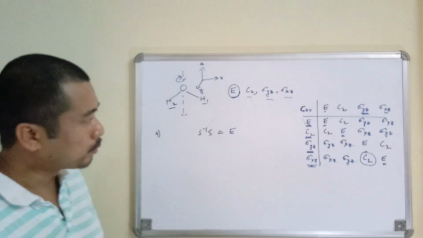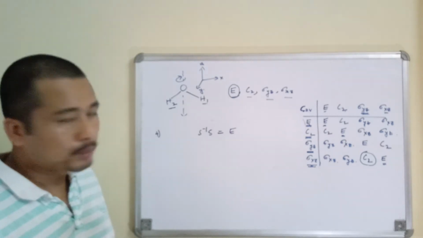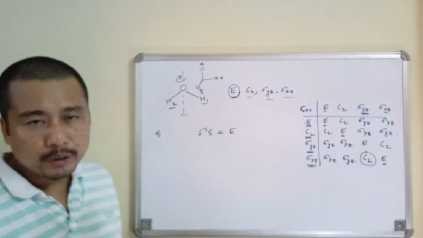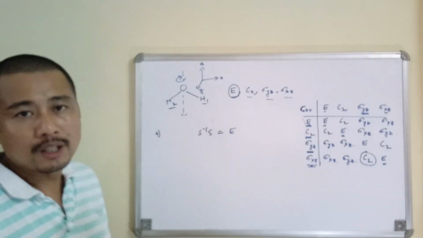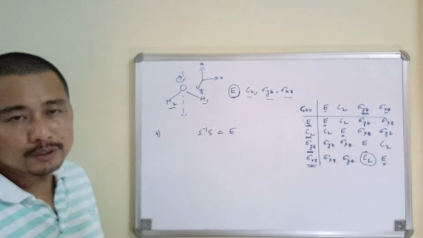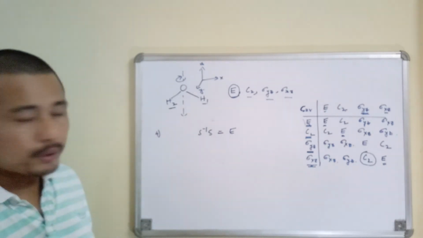In case of the C2v point group, we have seen that each of these elements' reciprocal is the element itself. Of course, this may not be true for other point groups or other symmetry operations, because at times there are other symmetry operations which are the reciprocals of the elements.